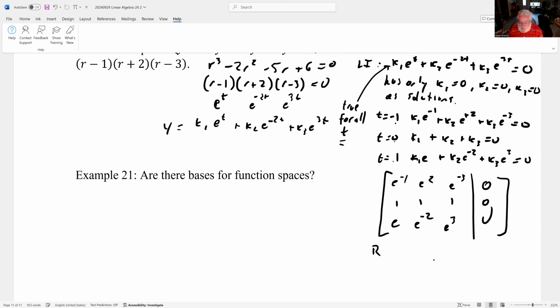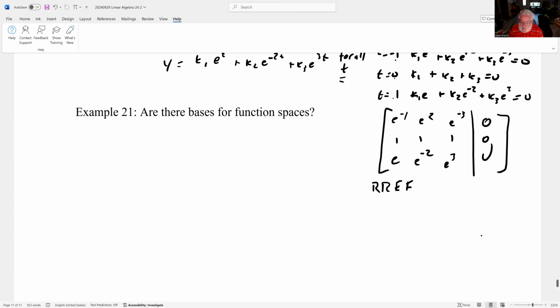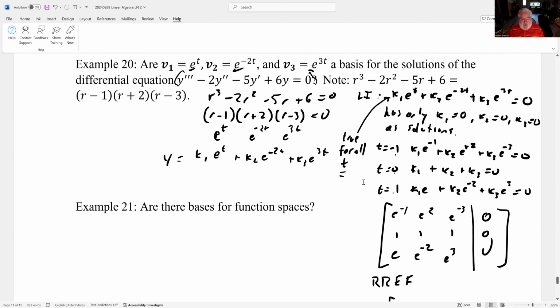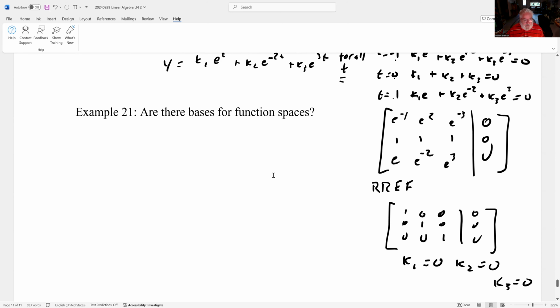Well, you go to reduced row echelon form, and your calculator says that the only solution to this reduced row echelon form is this. And so our solutions are that. So we can show they're linearly independent. The question is, do they span? Is every solution of this form? And the answer is yes, it is, but we need to be able to do a little bit more to be able to answer that.